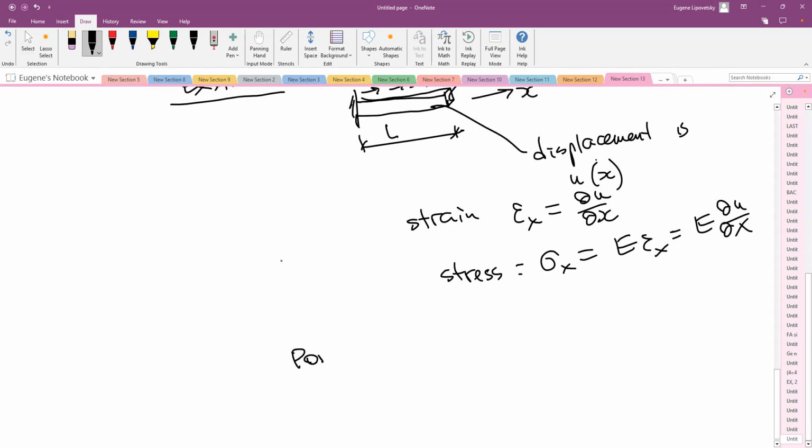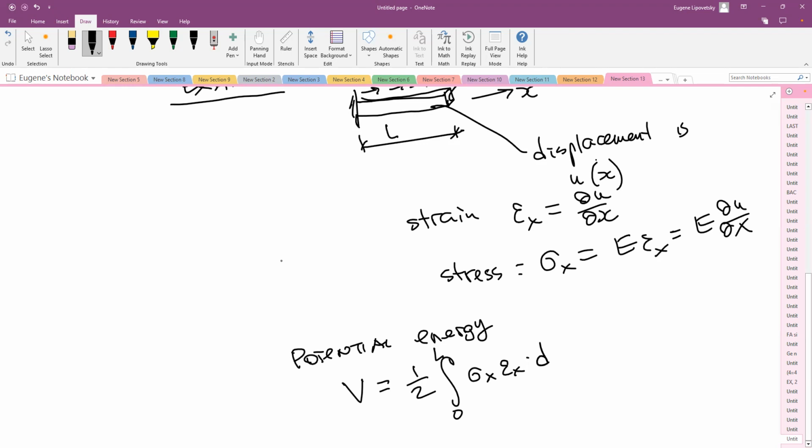Potential energy, what letter should we use? V, I guess, right? V equals 1/2 of the integral from 0 to L of sigma x epsilon x times d volume.